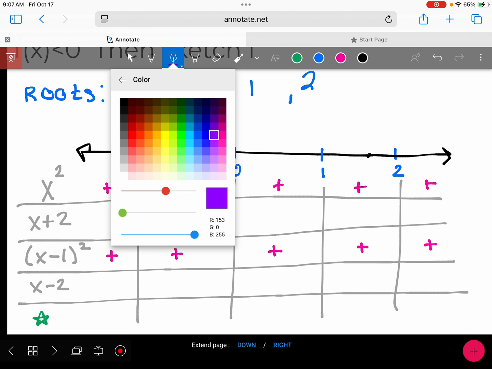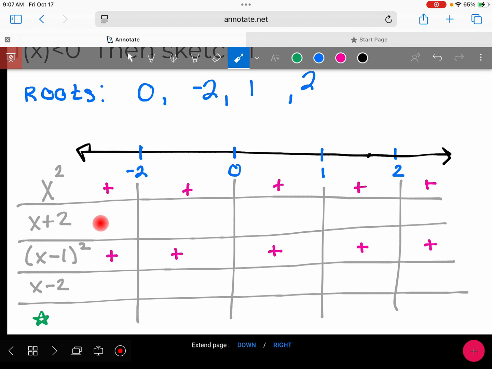So when we're looking at this row here, are we going to be positive or negative right here? Negative. Are we going to be positive or negative right here? Positive.